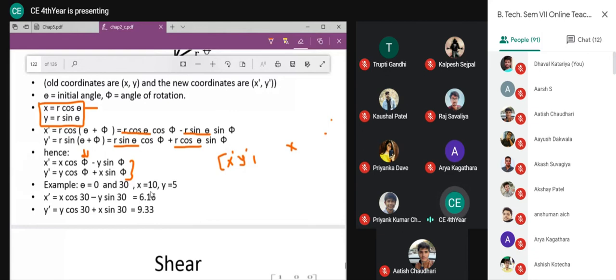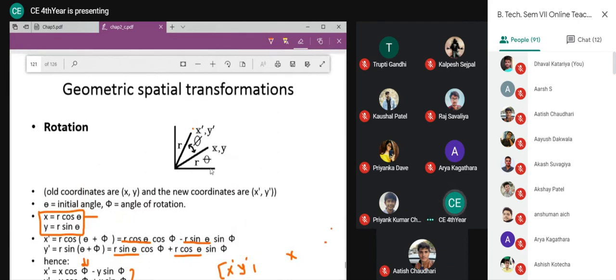So what should be my coordinates? Earlier coordinates were x equal to 10 and y equal to 5. Whatever the coordinates are, you will start somewhere here.